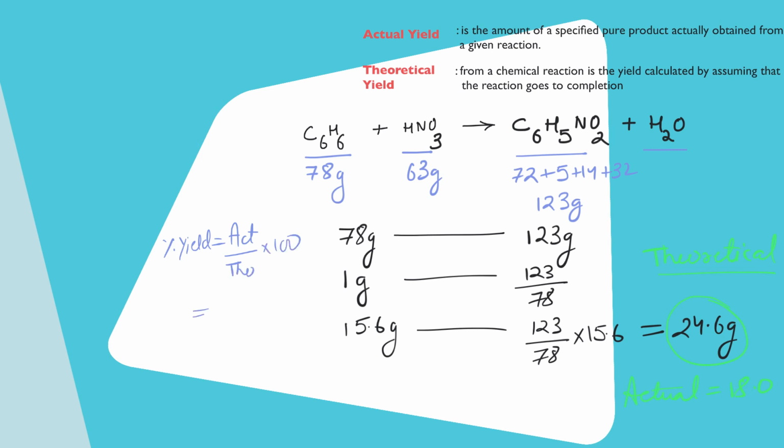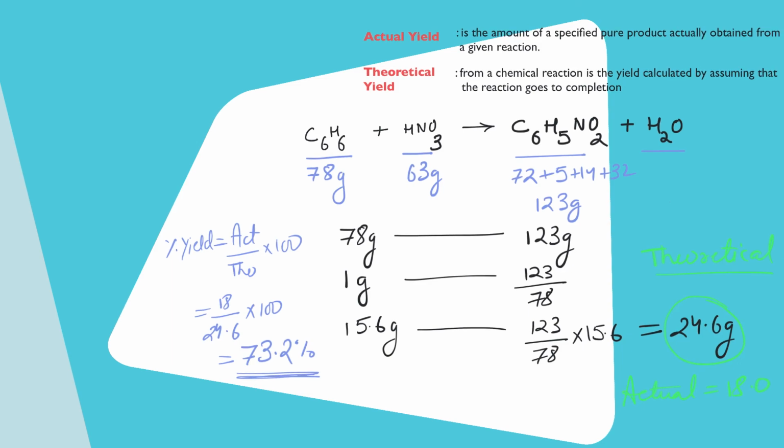So what is your actual? 18. What should you have got? 24.6, multiplied by 100, which equals 73.2 percent. So that is your percentage yield.